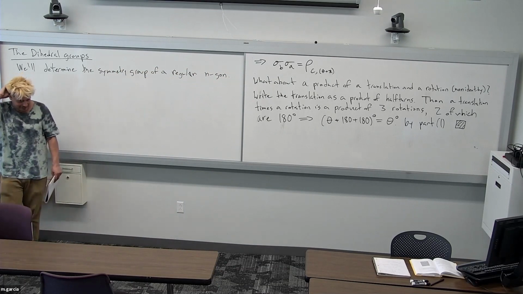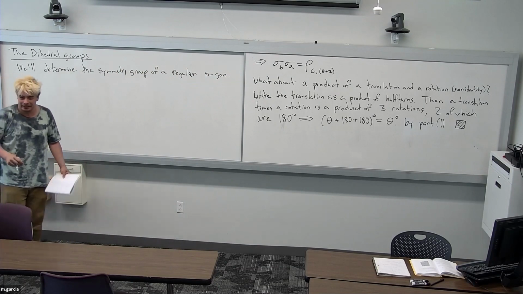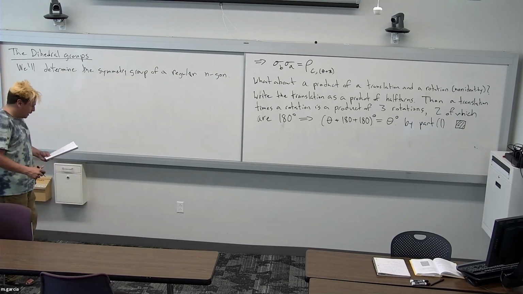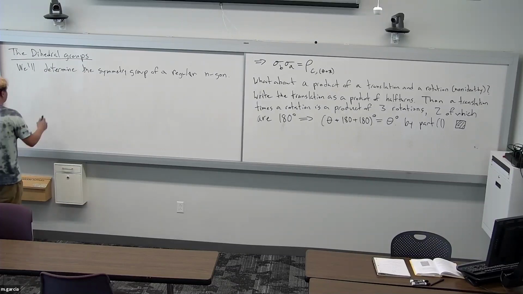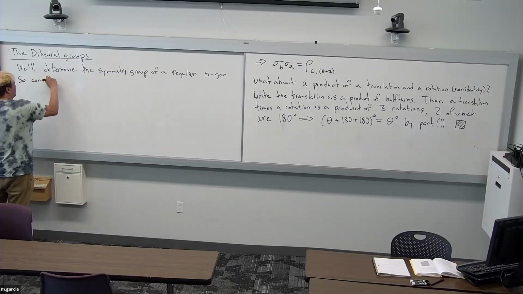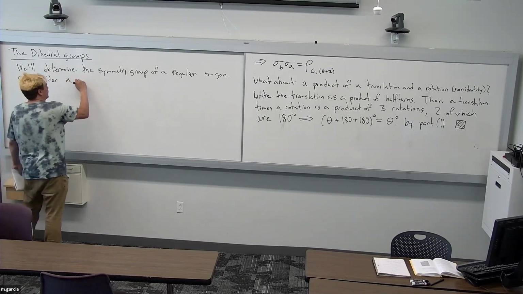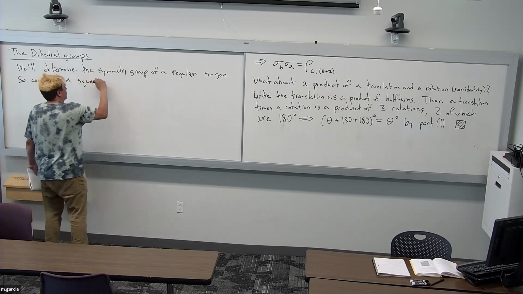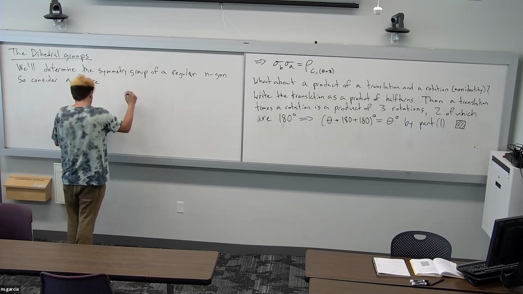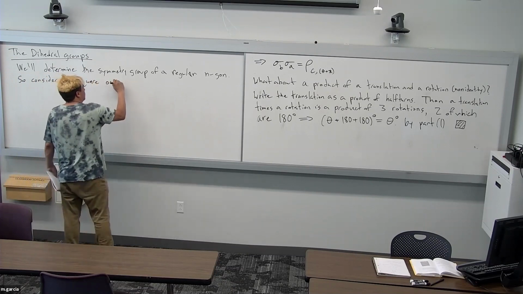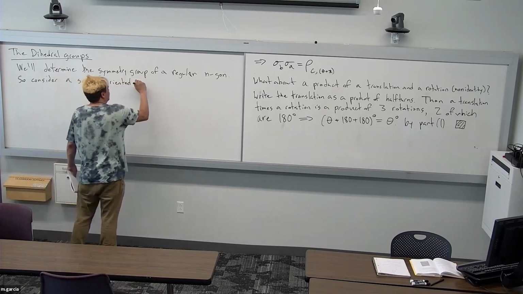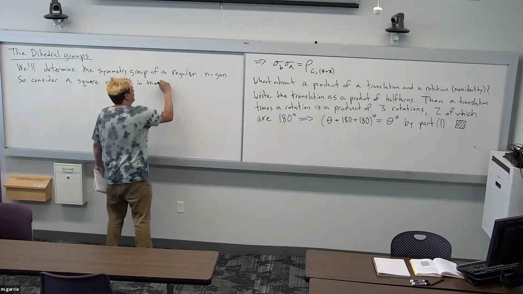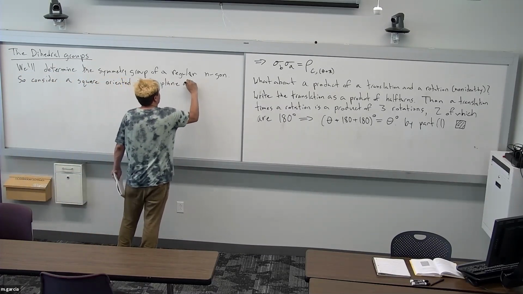Obviously, there's no bigon in the plane. Okay, so to start, let's consider a square, oriented in the plane as follows.